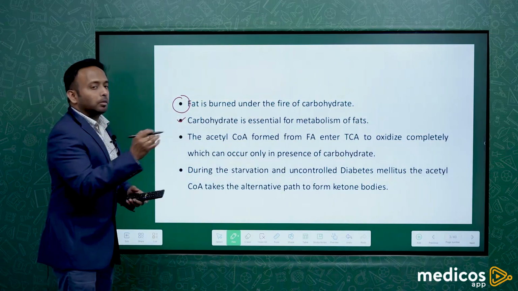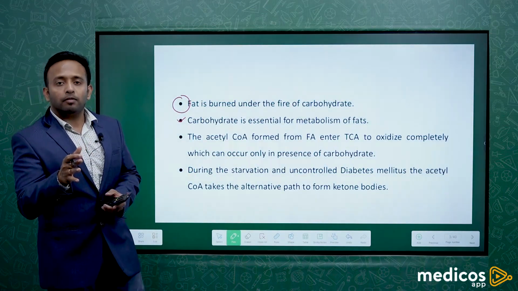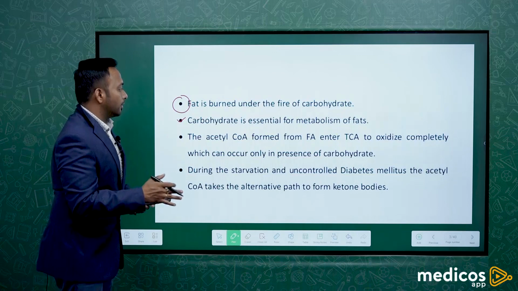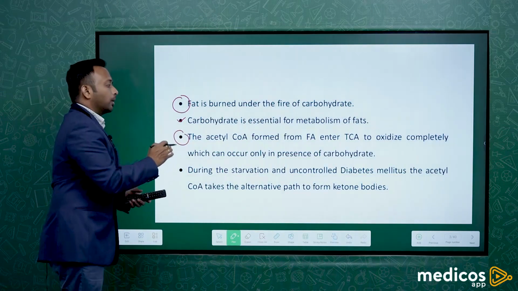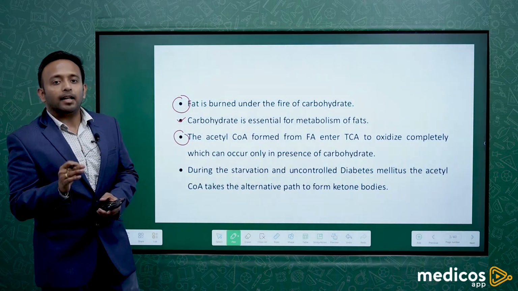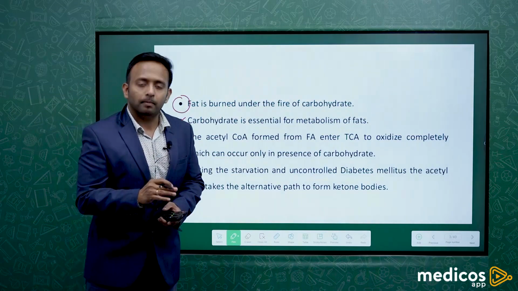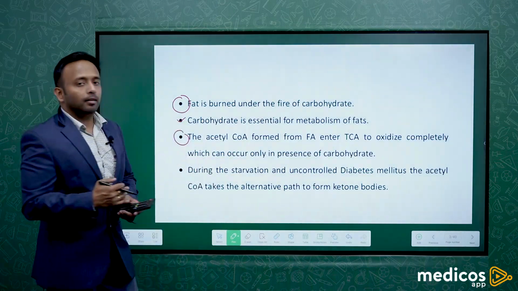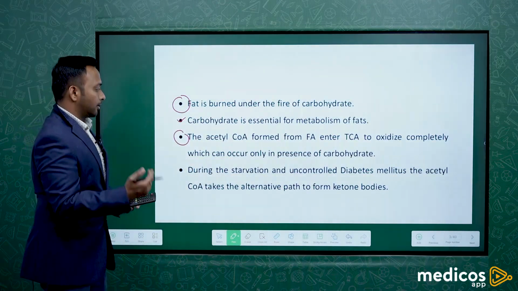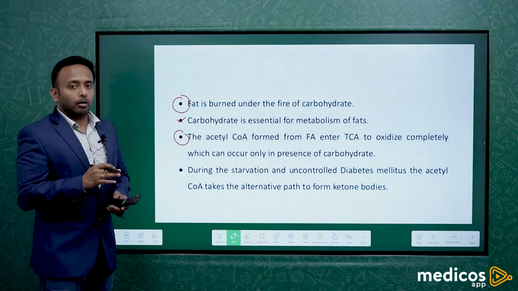Second, as I told, carbohydrate plays a very important role in fat metabolism. Thirdly, the acetyl-CoA formed from fatty acid degradation, that is beta oxidation, enters the TCA cycle to get completely oxidized in the presence of carbohydrate.